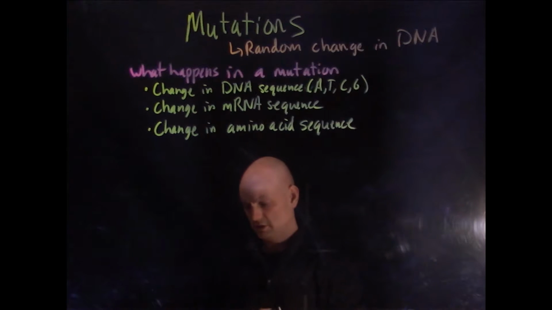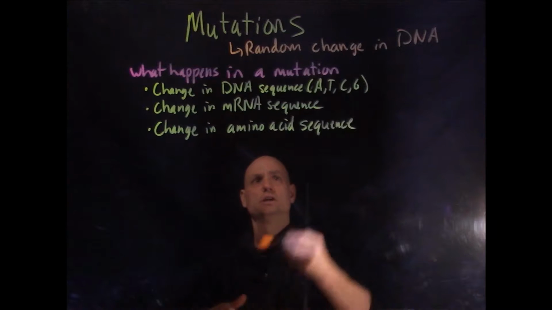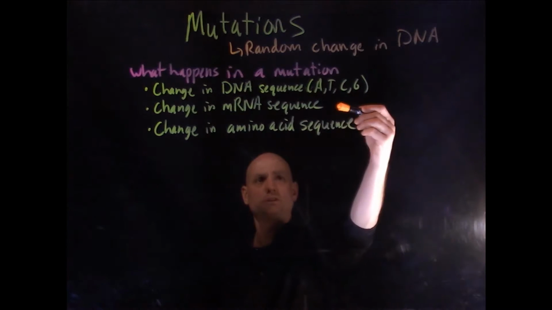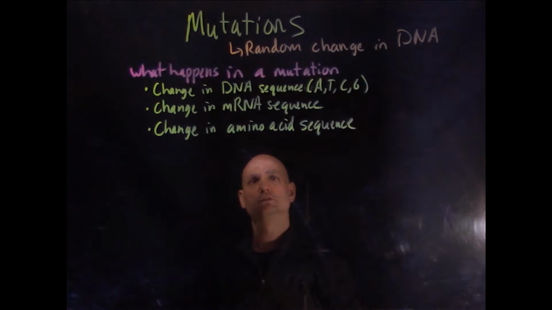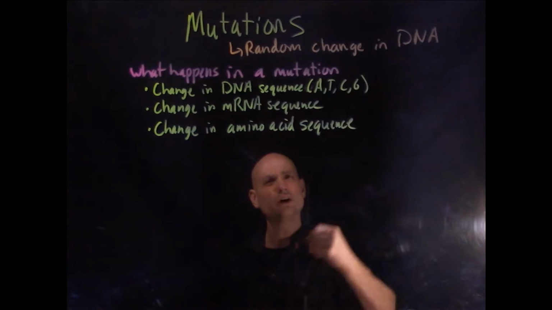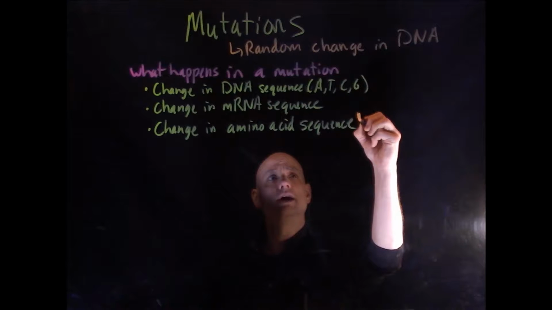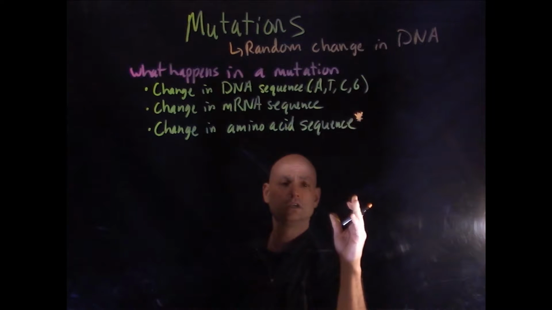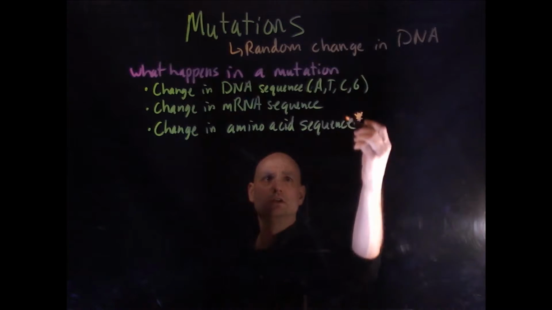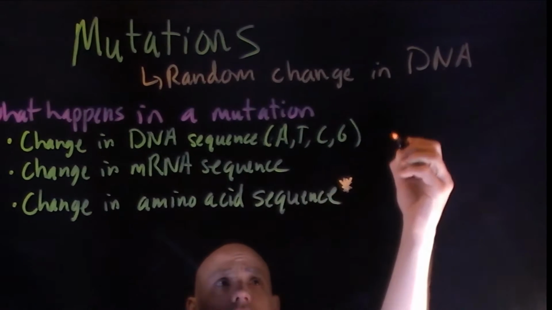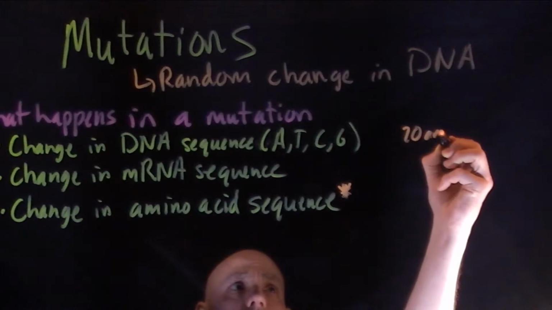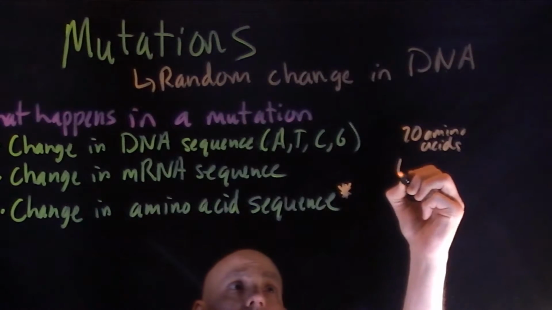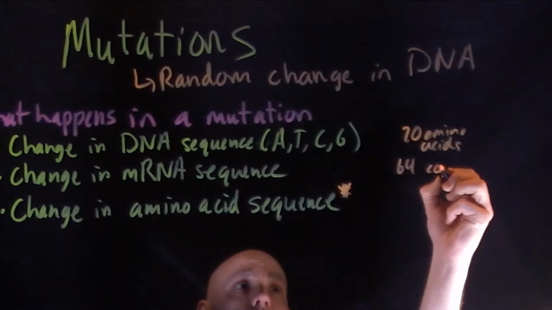Okay, so let's stop for one second here. I want you to notice, if we have a change in the DNA sequence, that's definitely going to change the mRNA sequence. But will it always change the amino acid sequence? Because it's quite possible that a difference, if you remember that there are 20 amino acids, but there are 64 different codons.